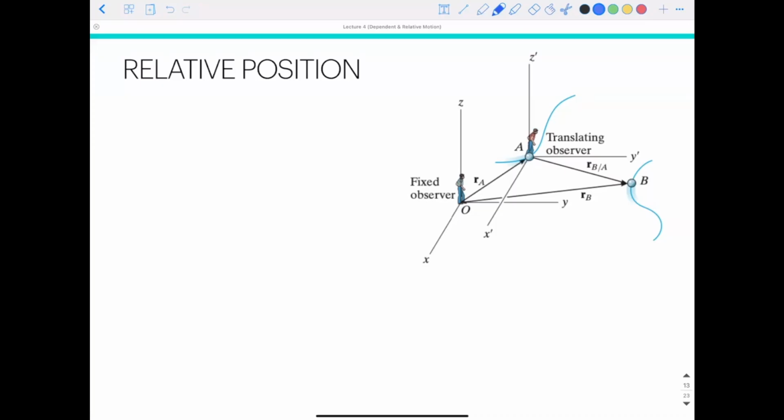So we can define, same as before, the absolute positions of two particles A and B with respect to a fixed reference frame. So RA and RB are going to be our absolute positions, and they are with respect to a fixed reference frame.